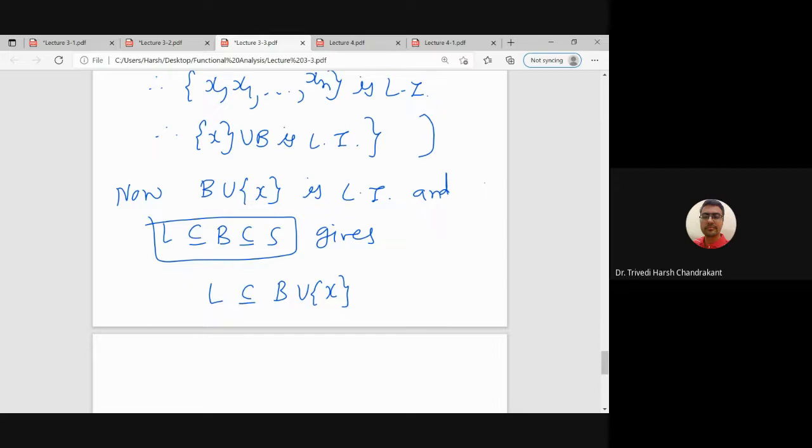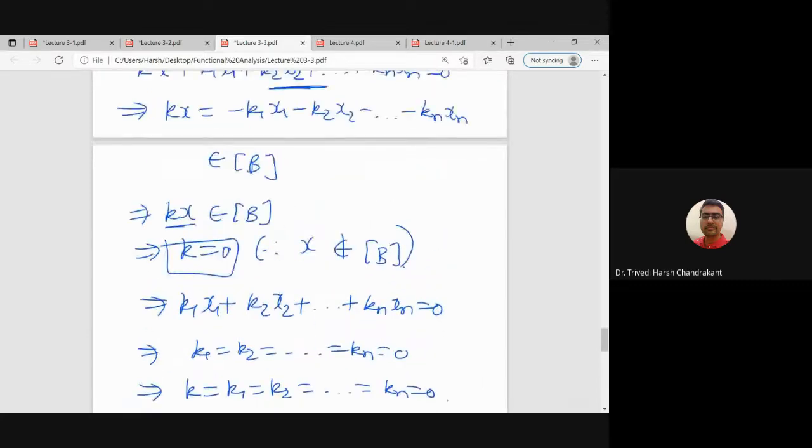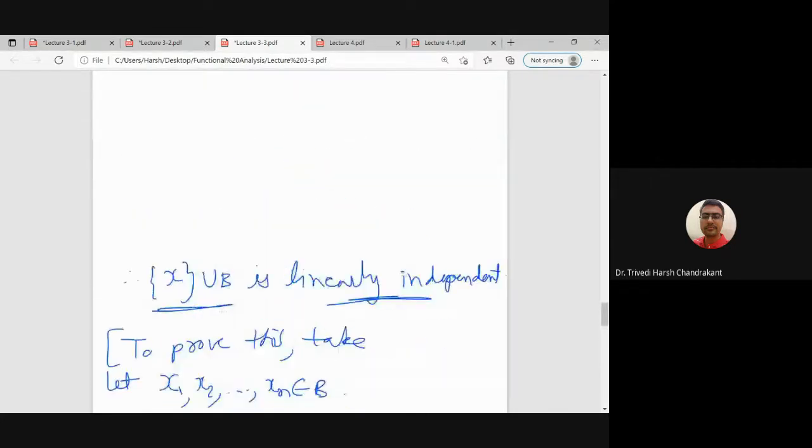And on the other hand, what can we say? Whether this is a subset of S. What do we know about the relation between B and S?